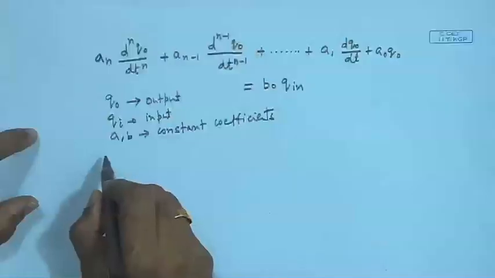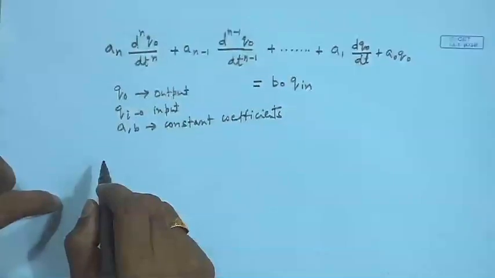For first order instrument, the instrument will be described by a first order ODE. Similarly, a zeroth order ODE, which is nothing but an algebraic equation, will represent a zero order instrument. So, let us first see how the zero order instruments model will look like.